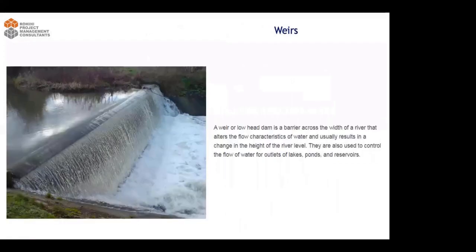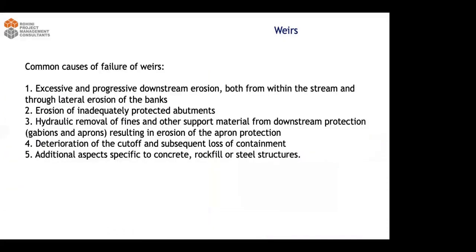So similarly on the weirs, right? What is a weir? A weir is a low head dam. It's a barrier across the width of the river that alters the flow characteristic of the water, usually resulting in a change of height. Okay, this is provided if you want to have an outlet or a control measure, right? Outlets of lakes, ponds, reservoirs, that way. Now, again, when we talk about weirs, we have to know about the common causes for failure also, right?